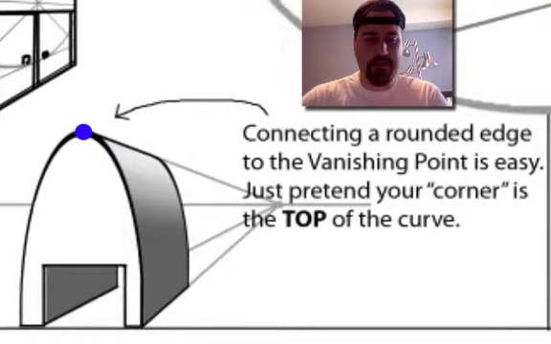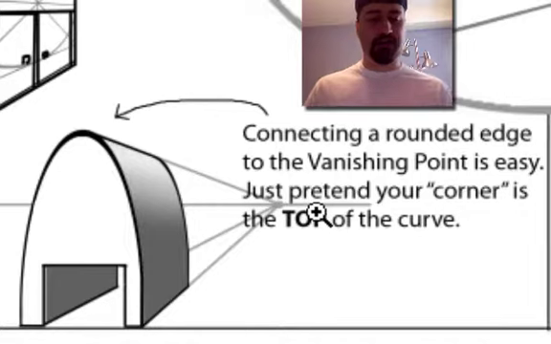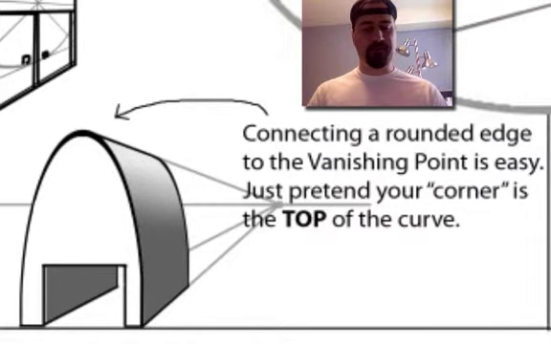So that means the very top of this form, the most roundmost portion that's the furthest out, connects directly to your vanishing point. Let's zoom in here a little bit.